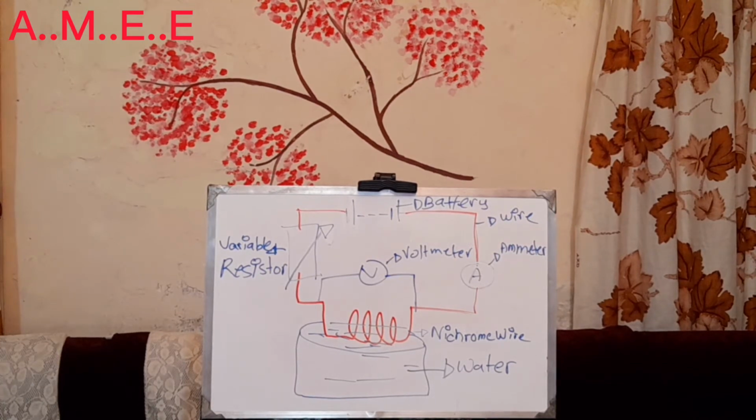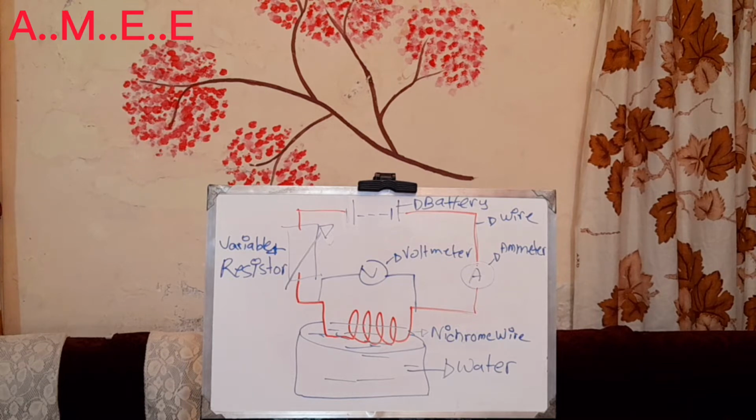With the circuit above, you can find how the current through a conductor depends on the voltage across it. We are doing an experiment to find how the current across a conductor depends on the voltage across it.